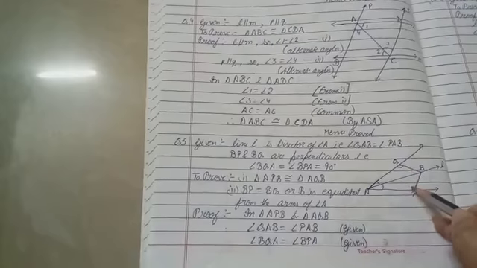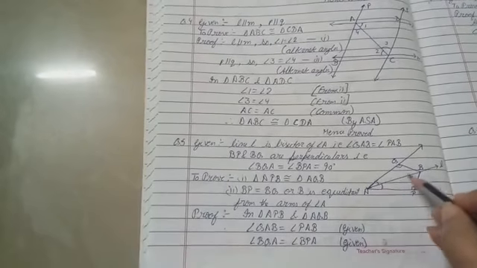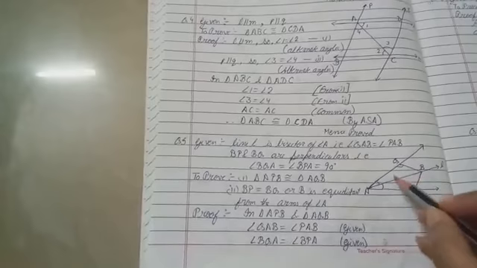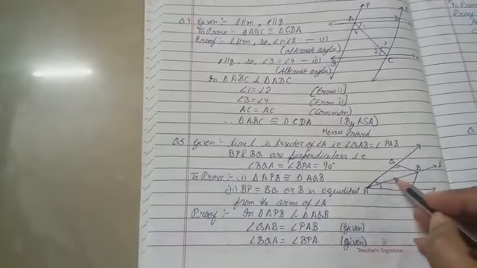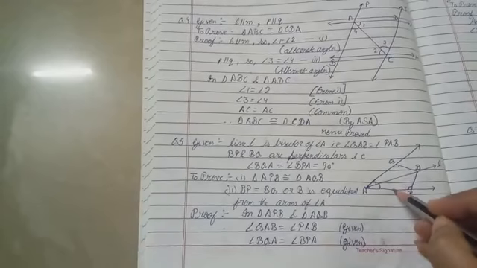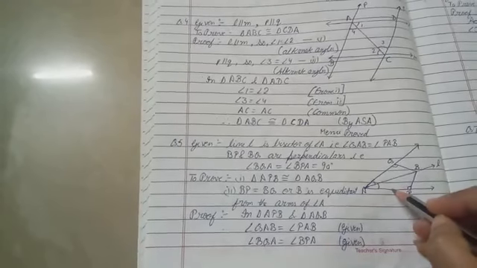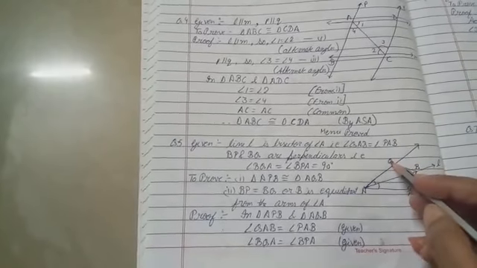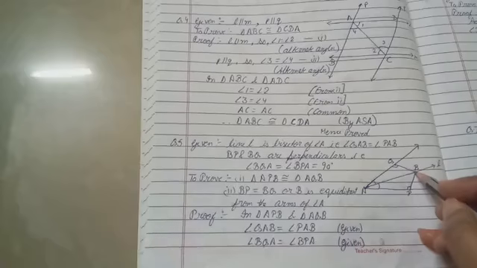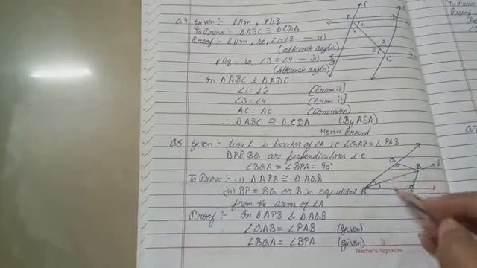This is 90 degrees, and this line AB is common in both the triangles. So by angle angle side, these two triangles are congruent to each other, and by CPCT we can say that BP is equal to BQ. That means B is equidistant from the arms of angle A.